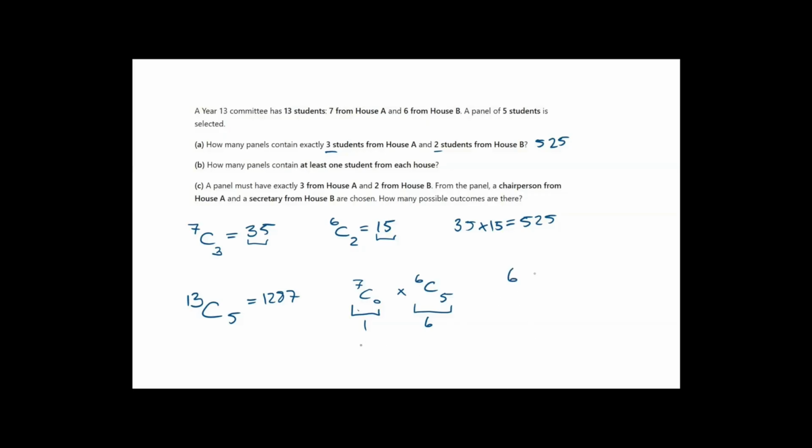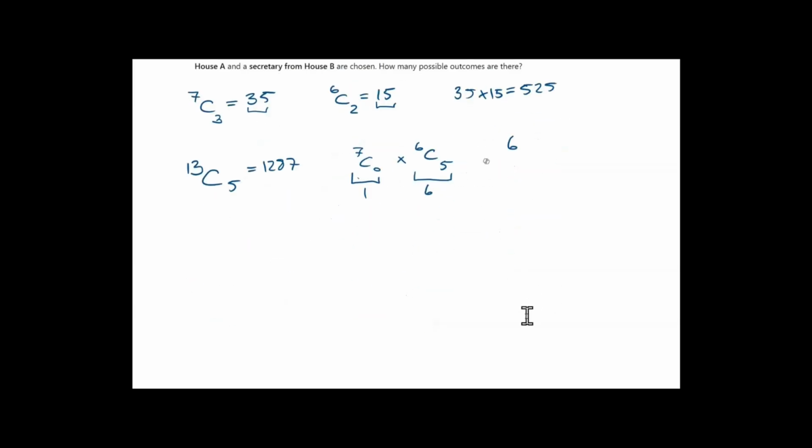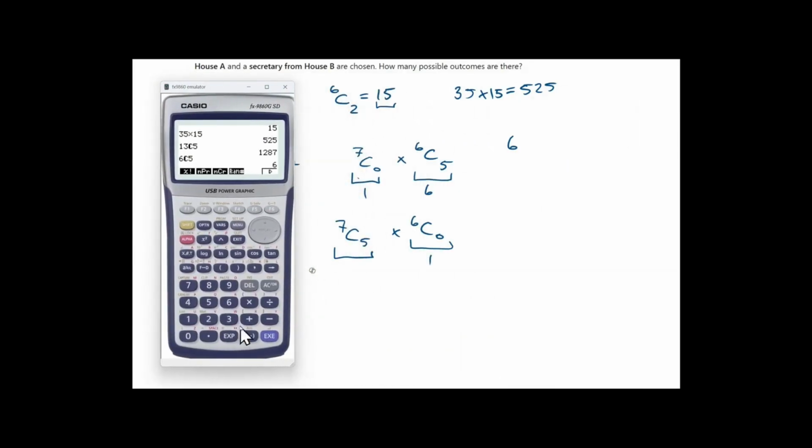Okay. Now let's say that we choose all of them from group A and none from group B. So now it's going to be 7 choose 5 times 6 choose 0. And again, there's only one way that can happen, and that's just to choose none of them. So 7 choose 5 is going to be a little bit more than 6.